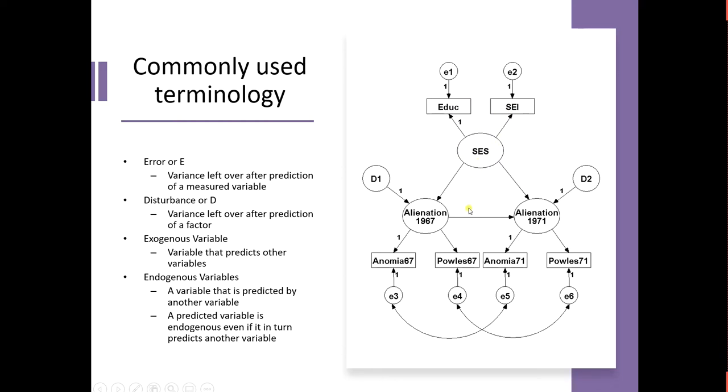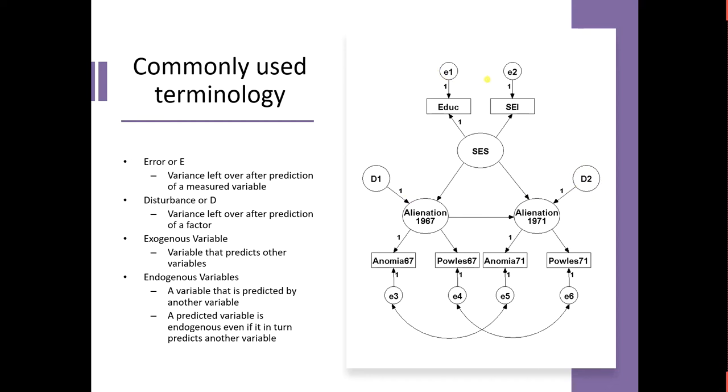Now see the residuals of alienation are represented by D1, D2, and here the residuals have been represented by E1, E2.